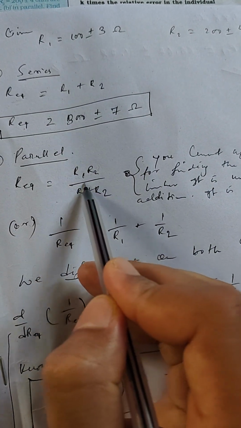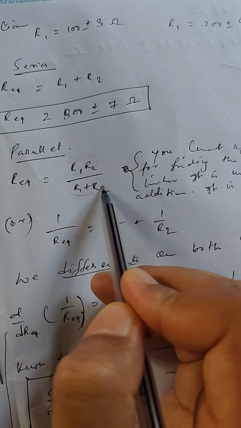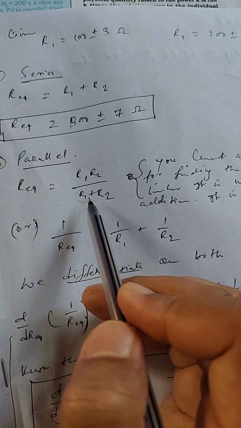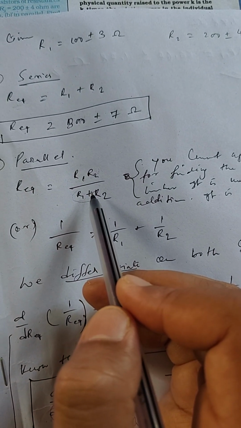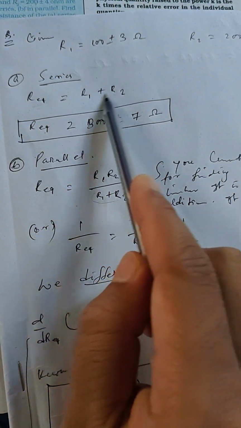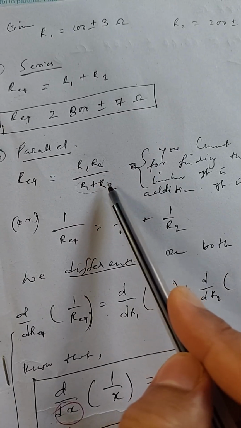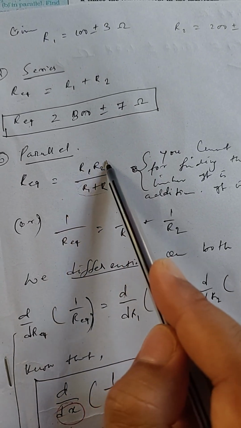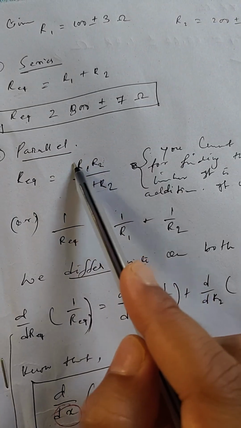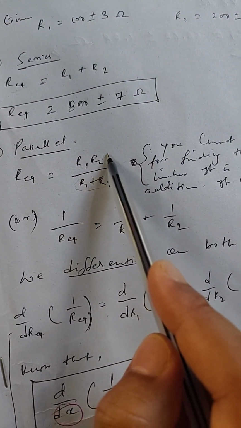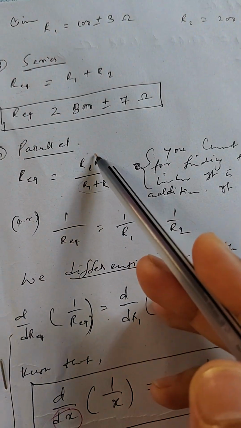Now for the error part, as you can see, in the upper part it is a product, but in the denominator it is getting added. So it is a very complex equation. We cannot simply apply the formula like for the addition part, where absolute errors get added, or where relative errors get added.